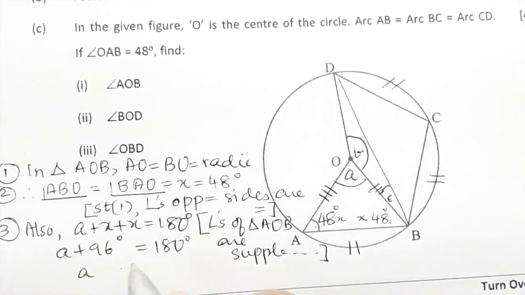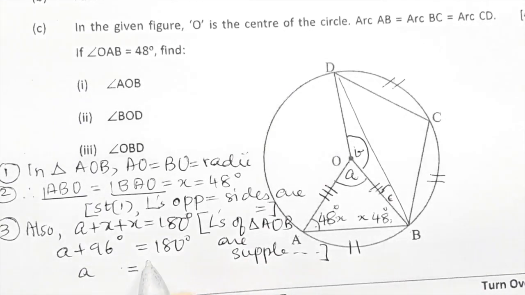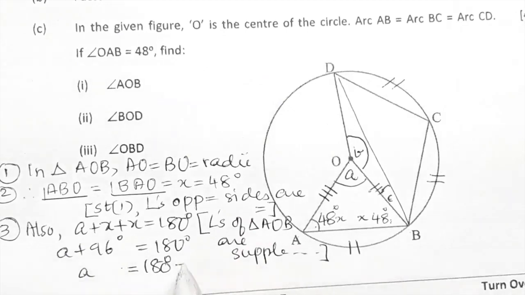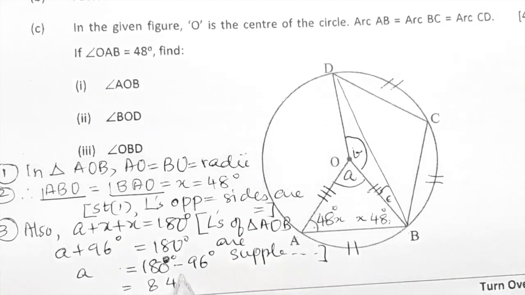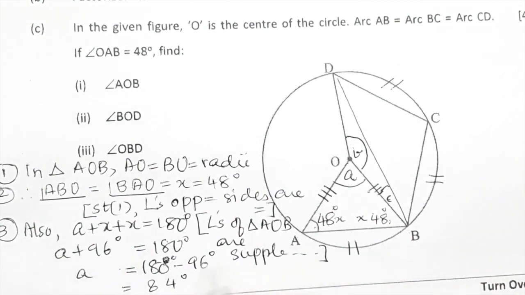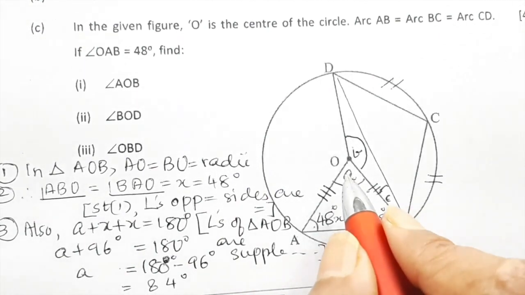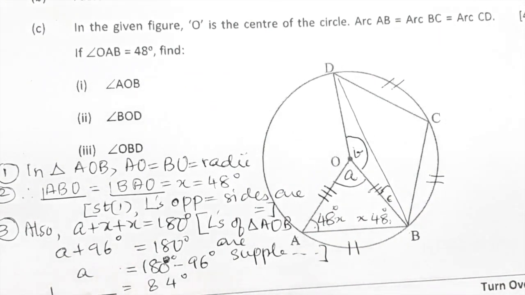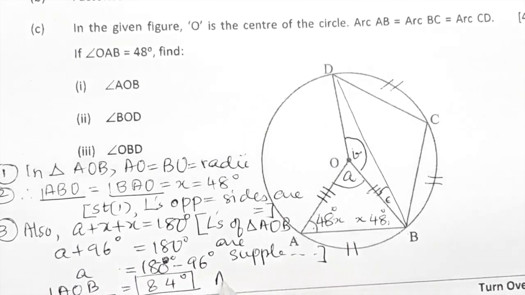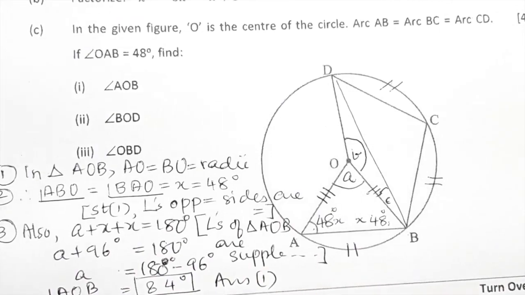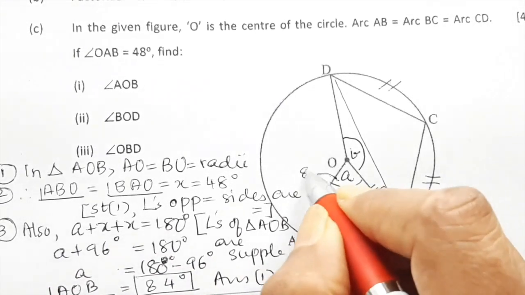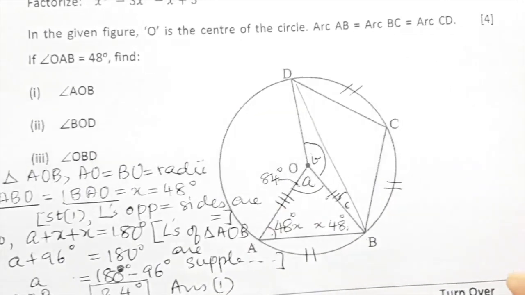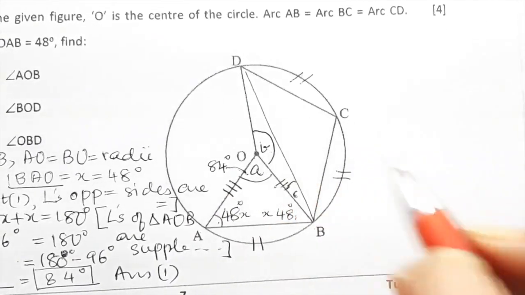Your A will be equal to 180 degrees minus 96 degrees. This will be 84 degrees. And that is your angle AOB. Angle AOB, that becomes your answer 1. Alright, so we will write over here this one. This is 84 degrees.